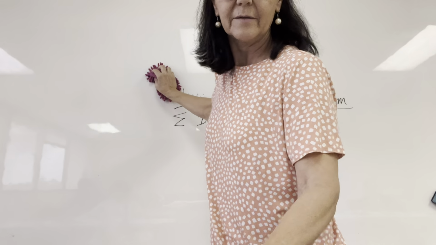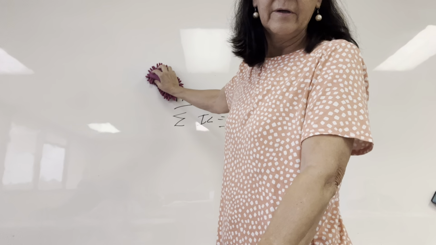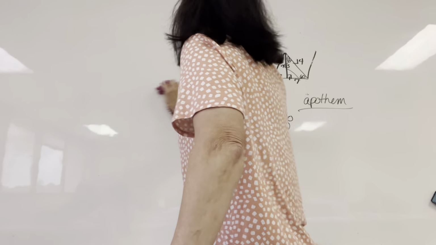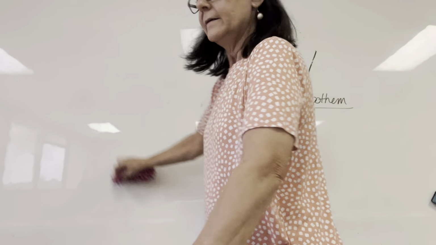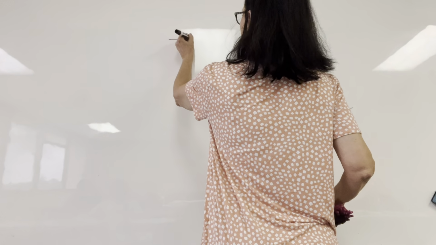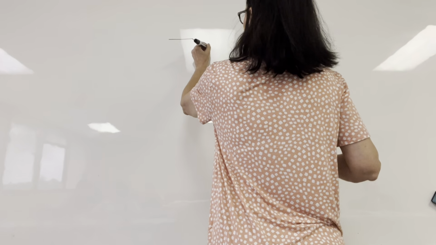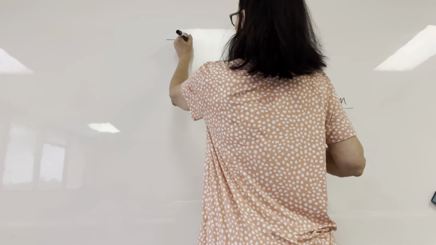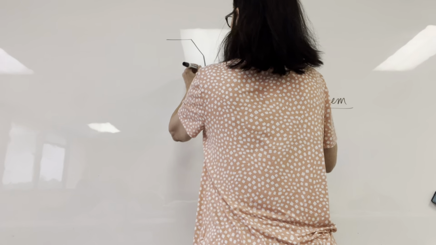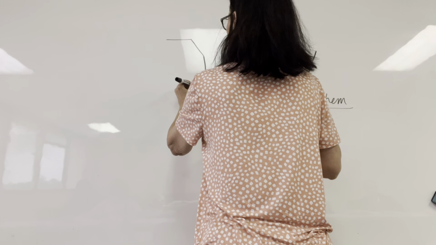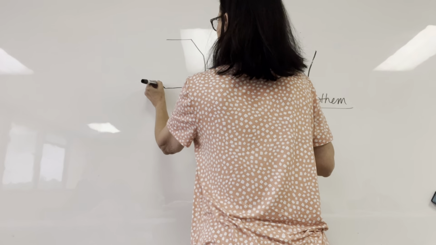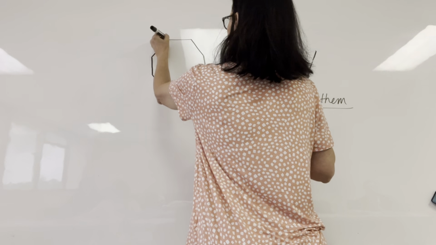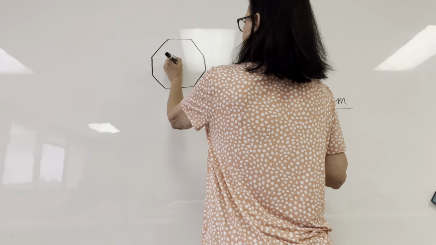Okay, I have to look at it to make sure I draw it. So it has 1, 1, 2. That's going to be too fat, huh? 1, 1, 2. Okay, just go with me on this. Doesn't look very regular. All right, but we're going to call that a regular octagon.